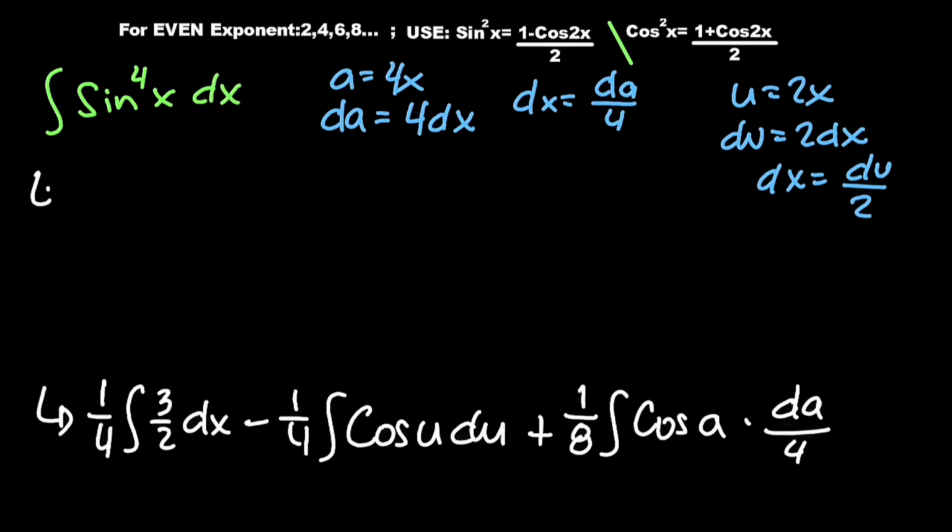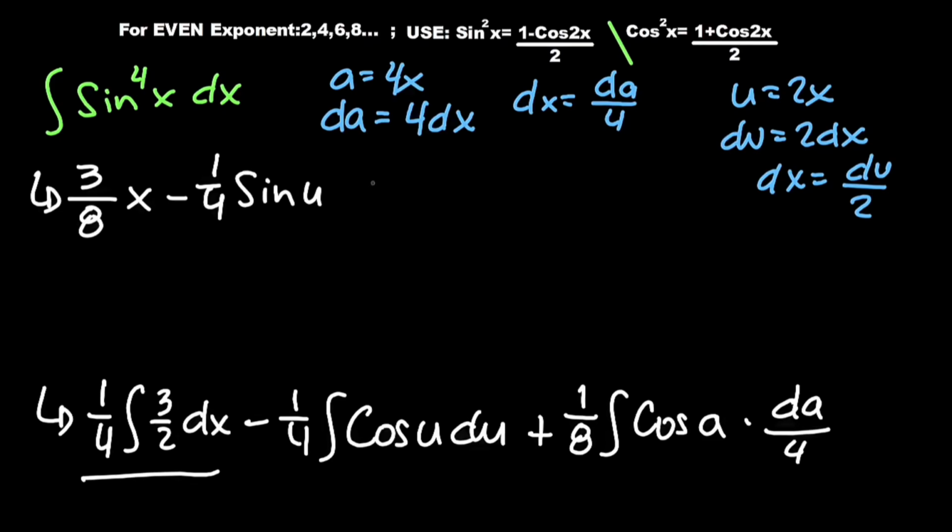And so integrating this, this would be 3 over 8 of x, minus 1/4 integral of cosine of u, which is simply sine of u, plus 4 multiplied by 8 here would be equal to 1 over 32.